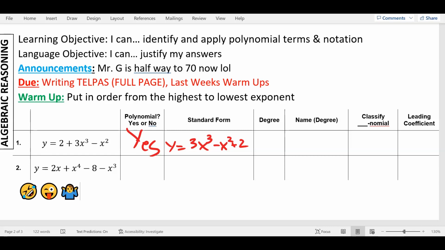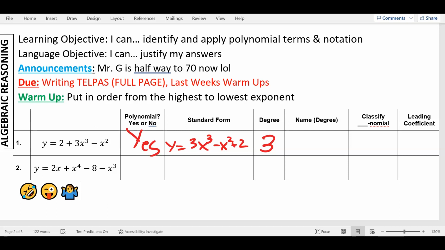Now you tell me, what do you think the degree is? Which 3? The one in front or the one up here? Up here. Cubed, yes, 3. So degree 3, what do you call it when it's degree 3? Constant is just a number with no x.